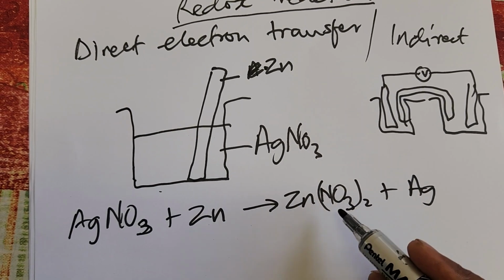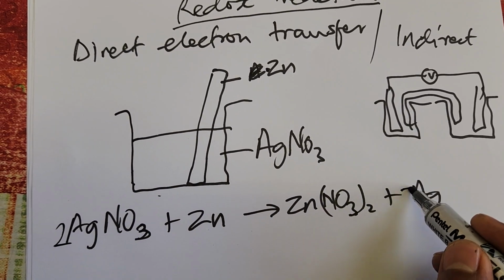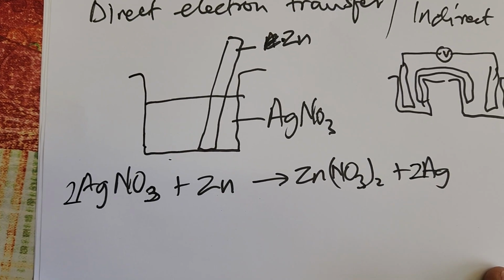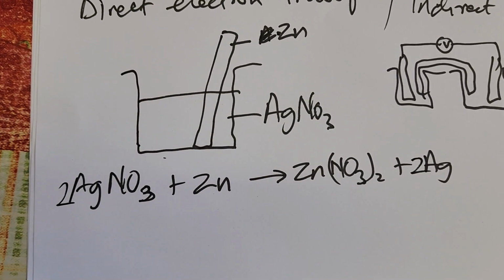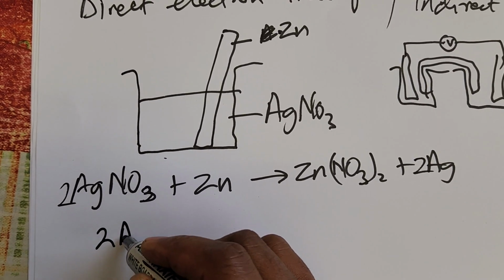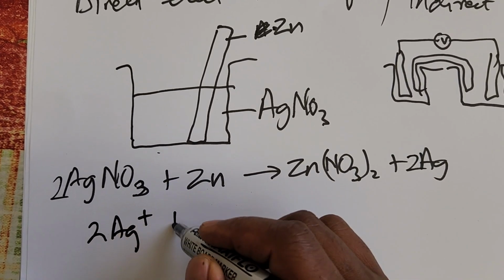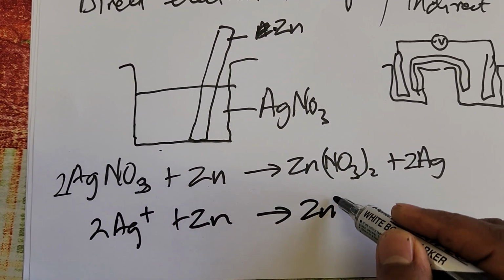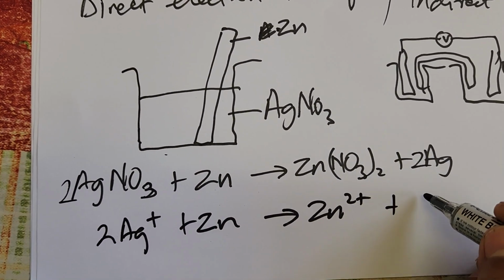Balancing this one, we will be using 2 and 2, then the whole thing is balanced. Now if you remove the spectator ions, we will end up with silver ion plus zinc, forming zinc ion plus 2 silver.